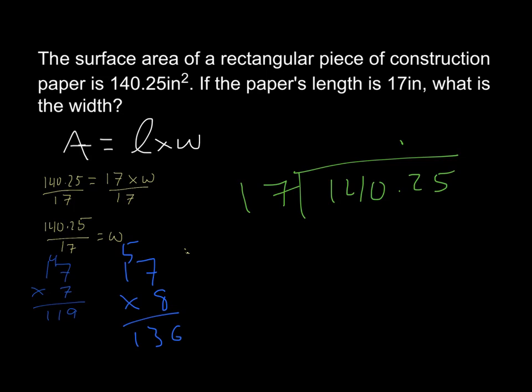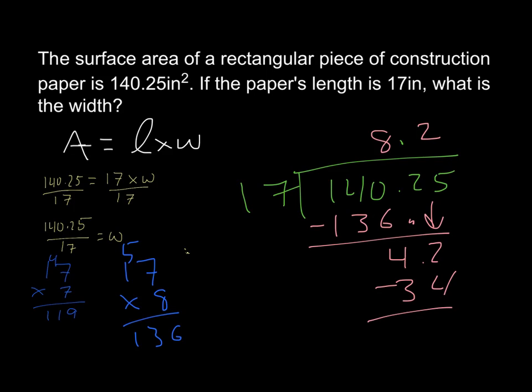So we're going to start with 8, and then 136. Don't forget your decimal. And we'll have 4 and bring down the 2. Now 17 goes into 42 twice, and I know that that is 34. 42 minus 34 is 8.